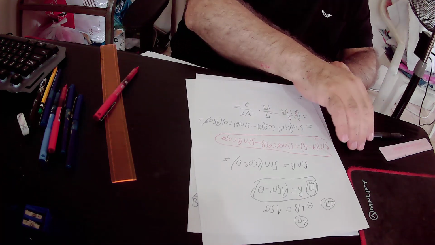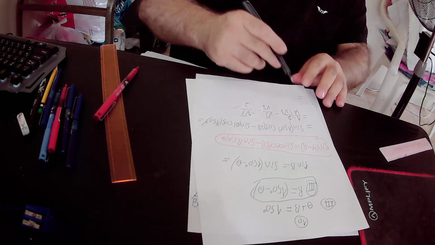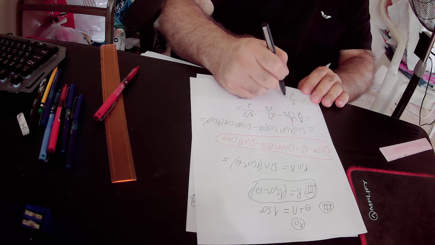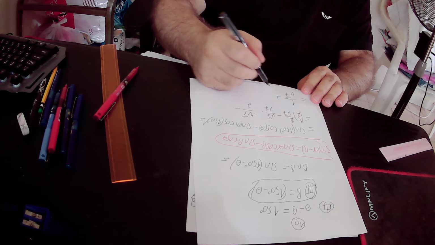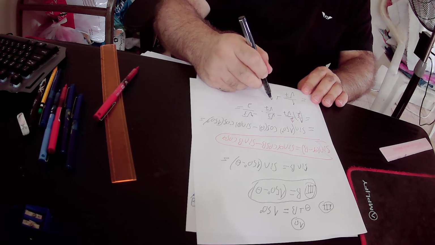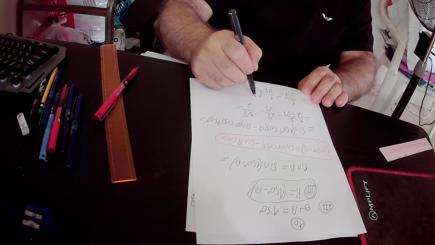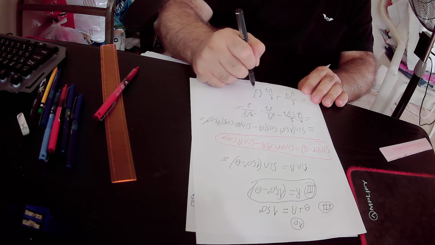So we got that 1 over root 7 plus 1 over root 7 times 3 over 2.